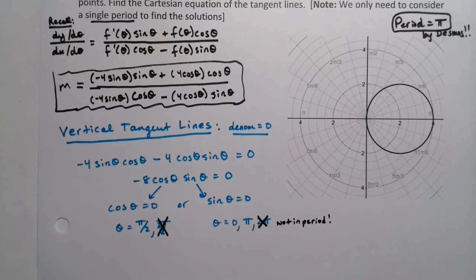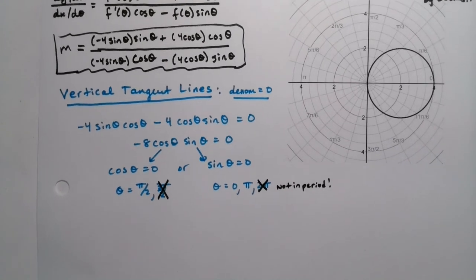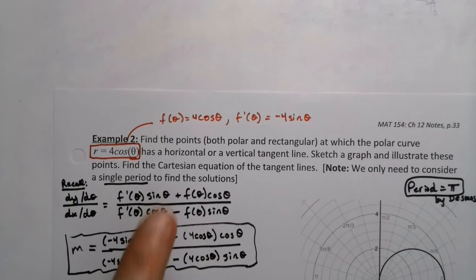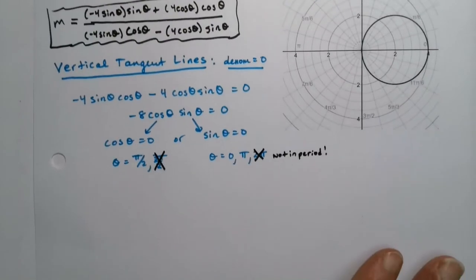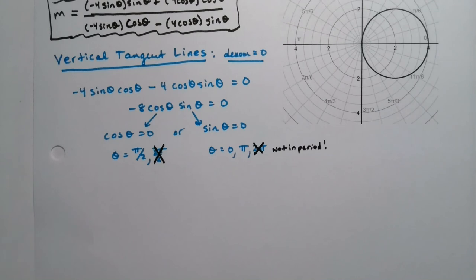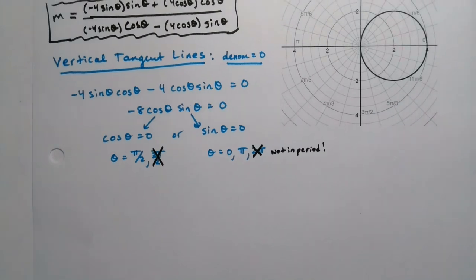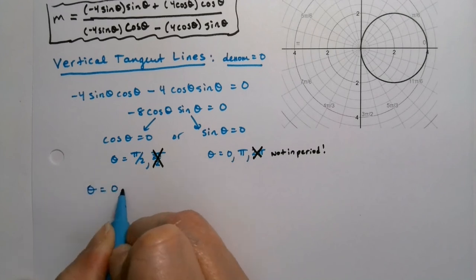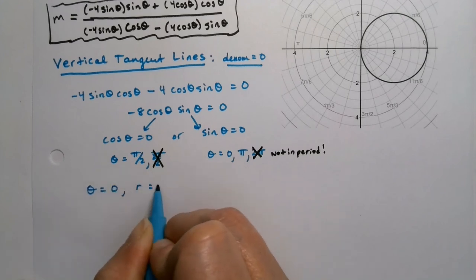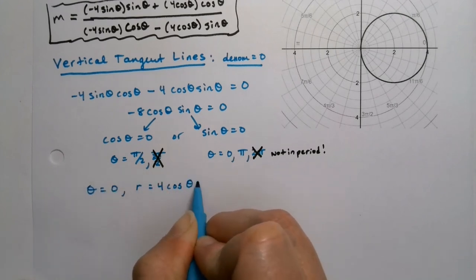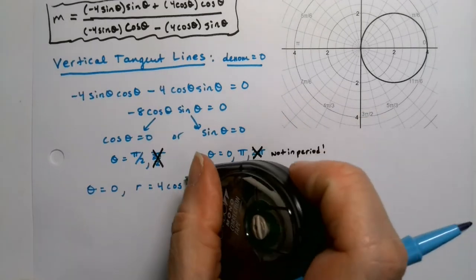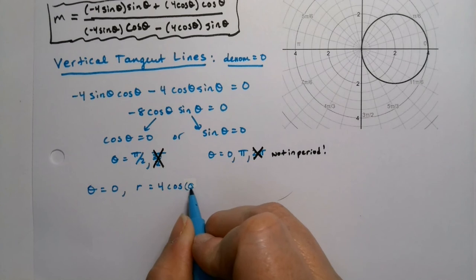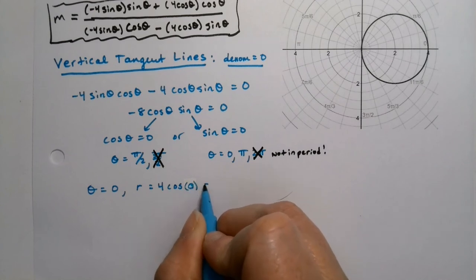Okay, so we can get the polar points pretty easily because the polar points would be 4 cosine of theta, and we know what our theta is. So if we think about the function, if theta is 0, r is 4 cosine of 0, which is 4, right?